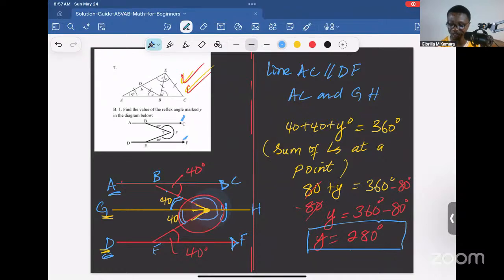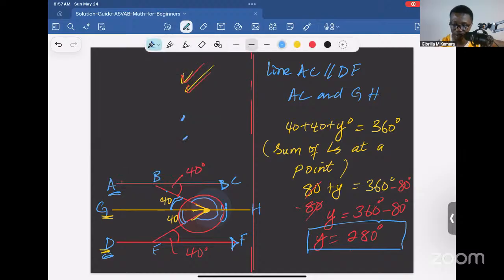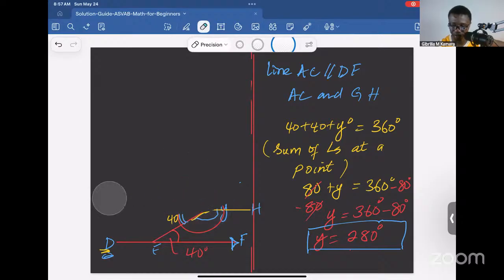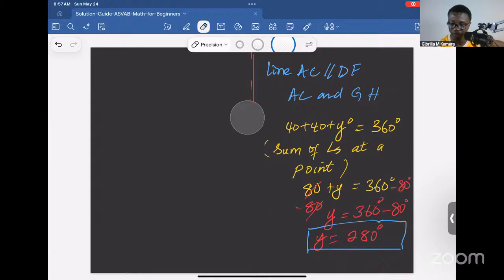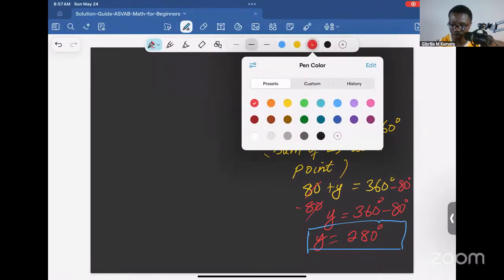So this was very easy anyway. So let's see. Delete this one. Then take all of these off, and bring in another question.